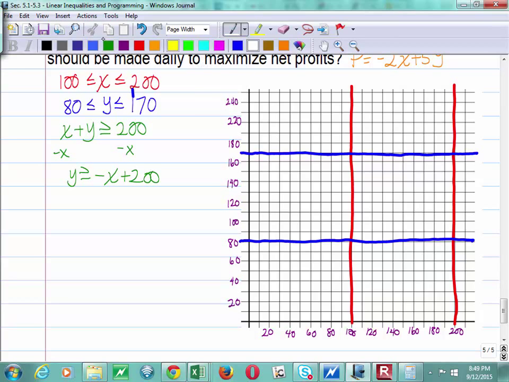So the y-intercept is at 200, and the x-intercept is 200.